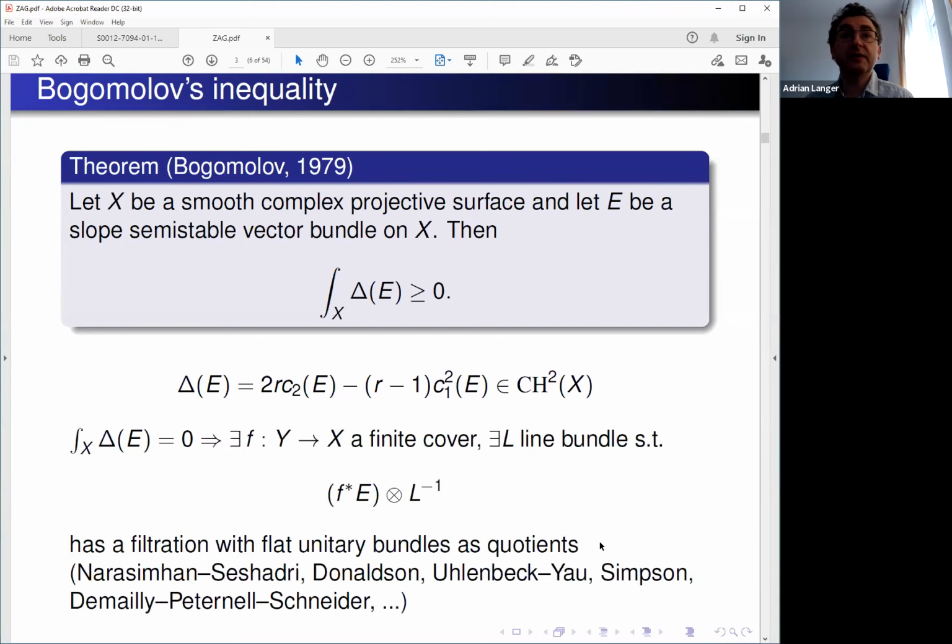And then one can characterize these slope semi-stable vector bundles for which the degree of the discriminant is 0.